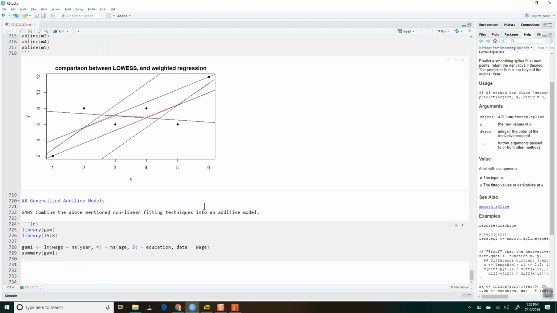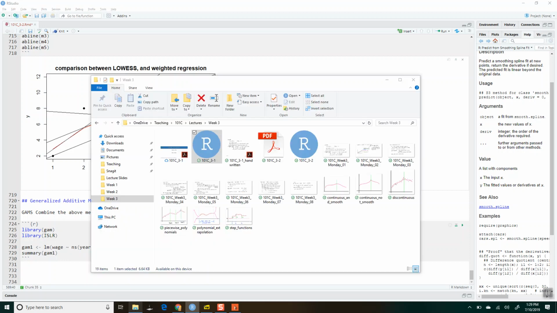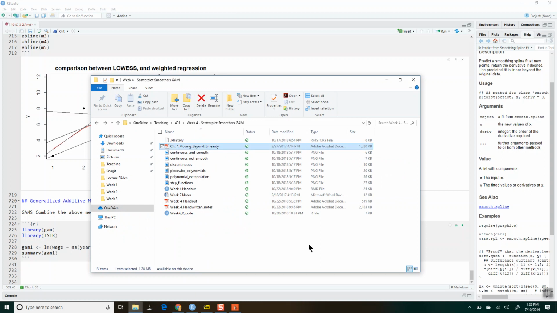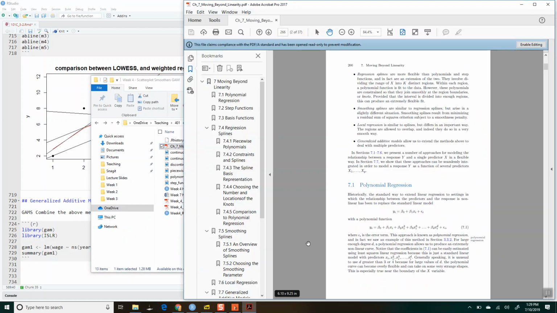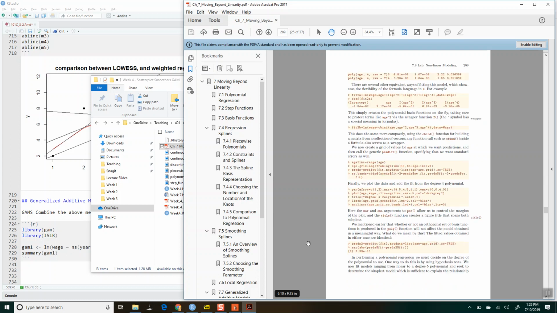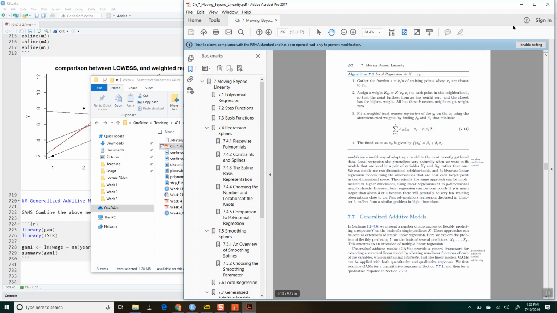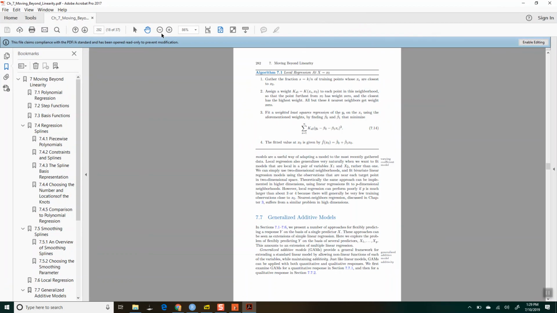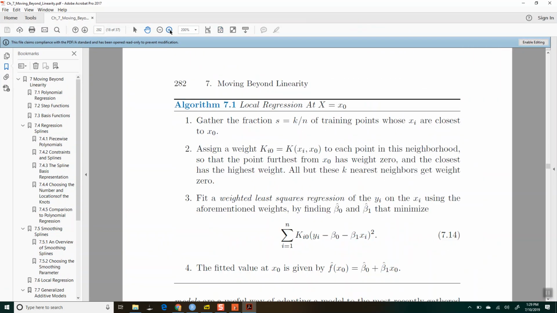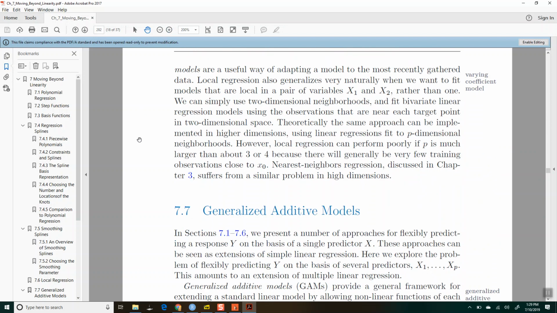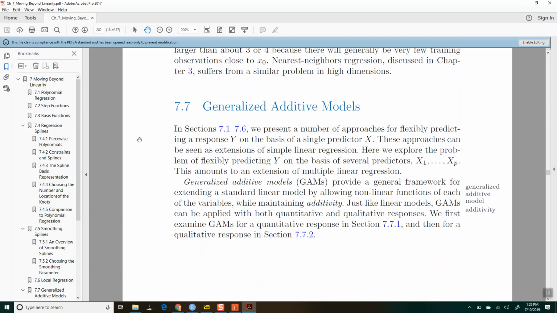Okay, so how does this work? I didn't finish my notes for this part, but the generalized additive model basically says, all right, let's combine these things together.